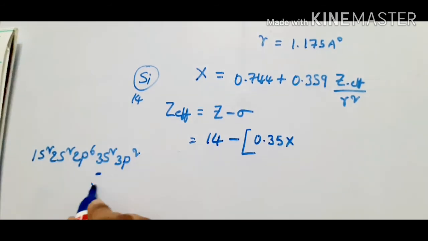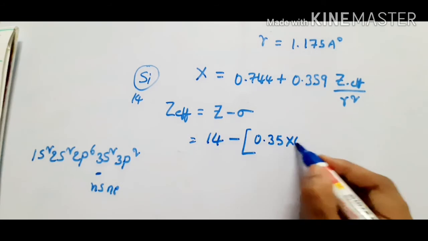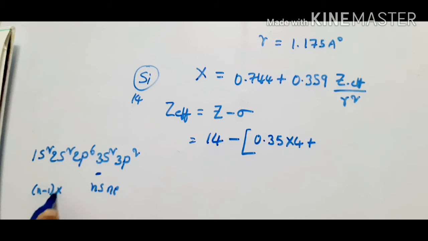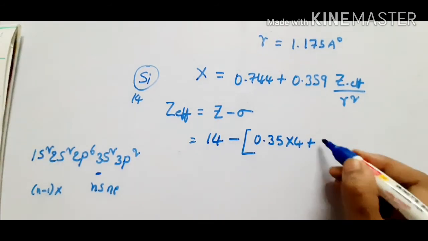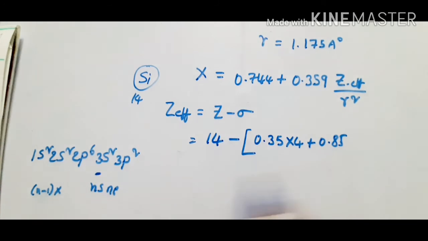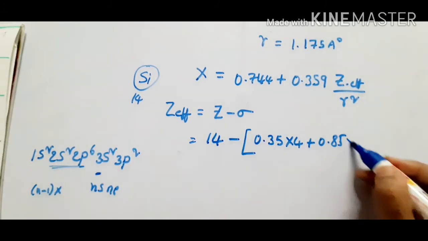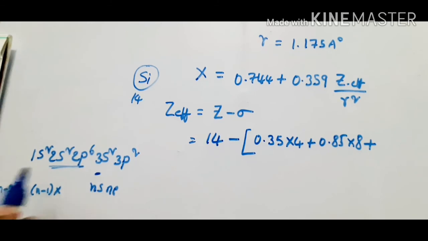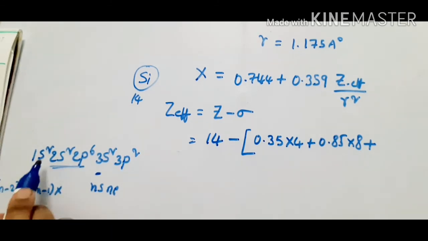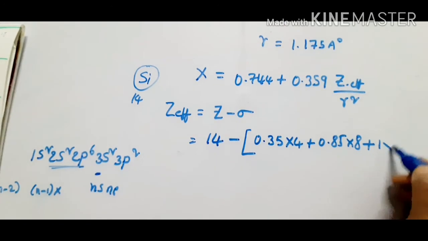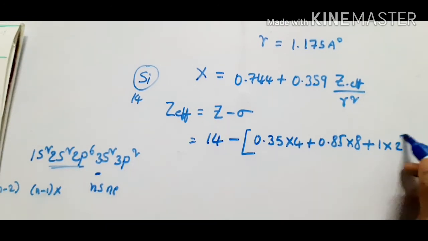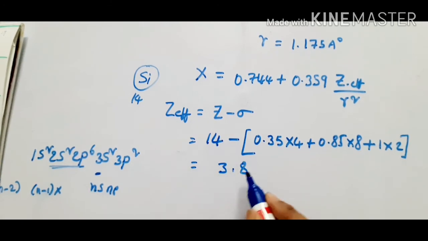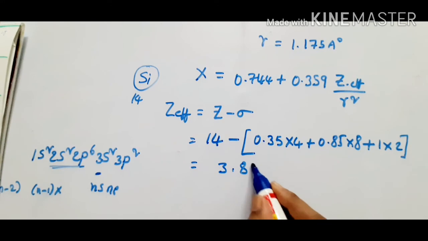How many electrons do you have in ns np? 4 electrons, into 4, plus the n minus 1 shell multiplied with 0.85 into how many electrons? 8 electrons, into 8, plus n minus 2 multiplied with 1, into how many electrons? 2. So totally you will get the effective nuclear charge value 3.80.